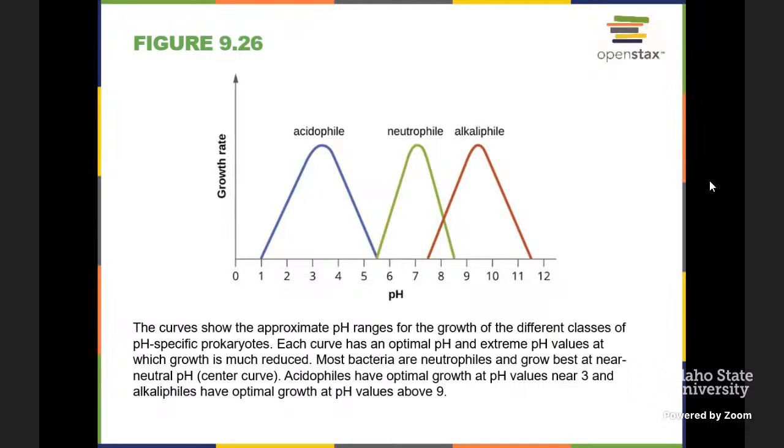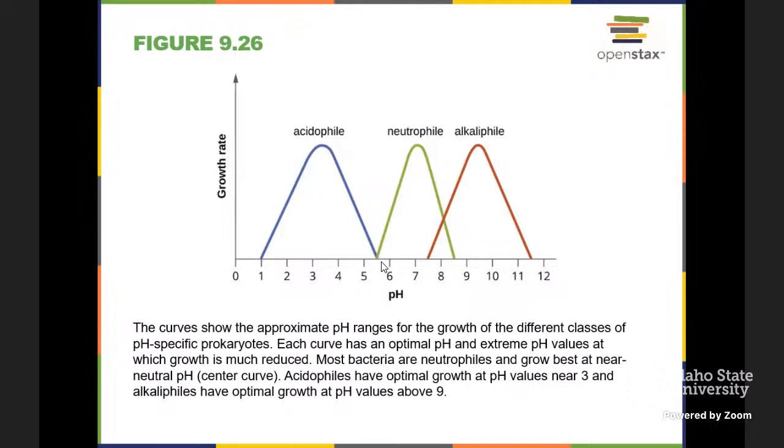All right. So this goes to kind of what I was hitting at with the pH. Most of them that we really think about, and a lot of them that we deal with in the lab, are in this green zone right here, what we would call neutrophiles. They like it pretty close to 7. They can tolerate a bit of extremes, if you will, but not something super extreme.